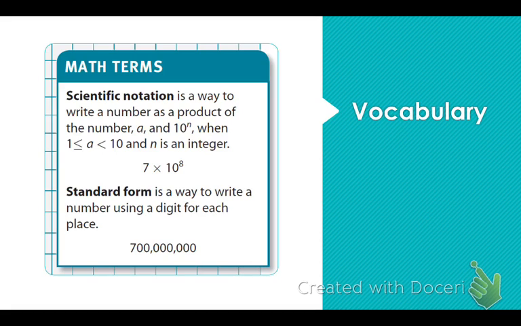Vocabulary. There's scientific notation. It's a way to write a number as a product of a number, a, and 10 to the n, where a is between 1 and 10, and n is an integer. This means that when we write it, it's always a product, so we're multiplying.